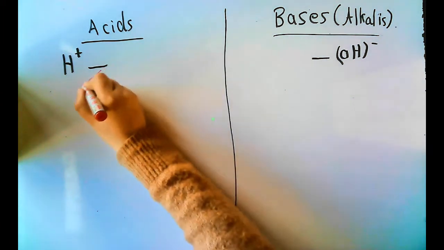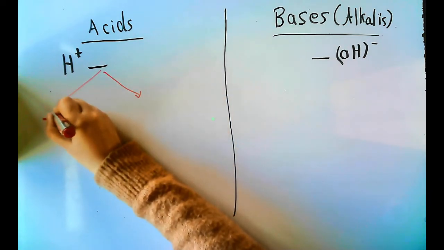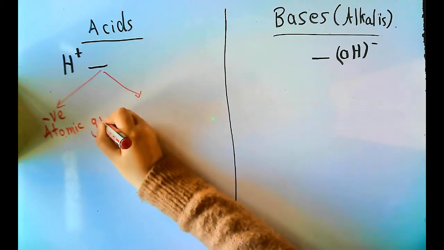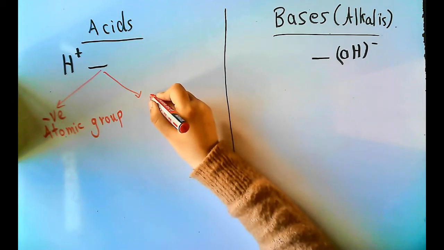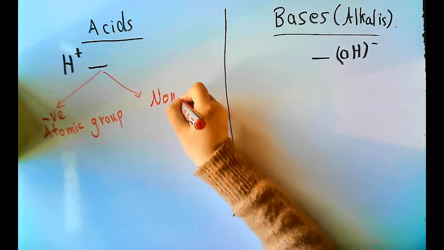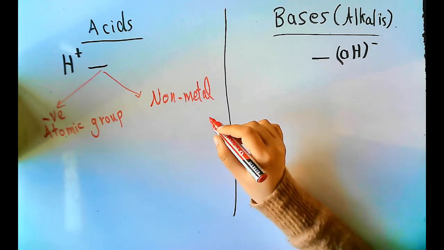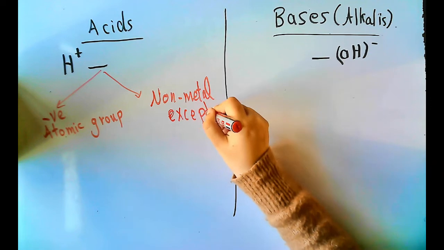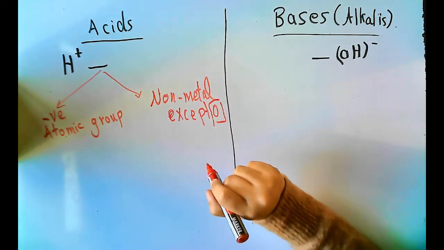It is joined with either a negative atomic group, or a non-metal, or negative ion of a non-metal, except oxygen, because if it is oxygen it will be another kind which is oxide.